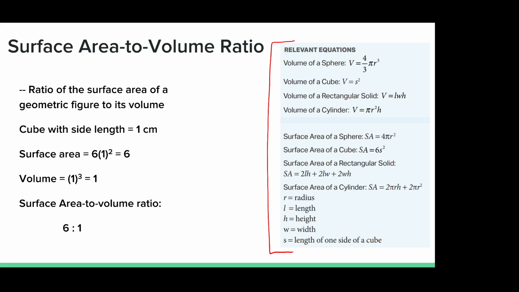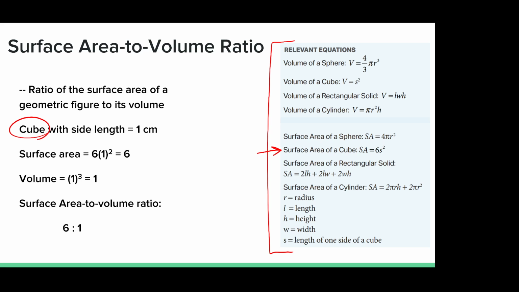And in this case, we're going to calculate surface area colon volume. And so I decided, and I realized this after I set it up, that we're going to use a cube. It's the simplest example. No pi is involved, so it's really simple. Cube with a side length of 1. Well, then the surface area, here you go.